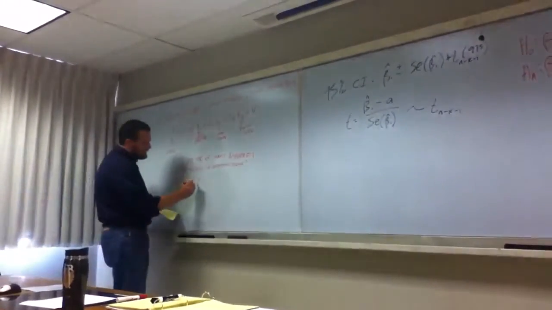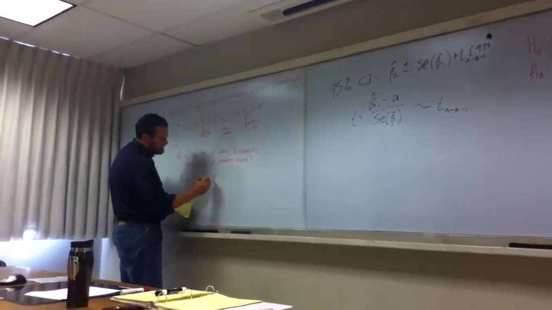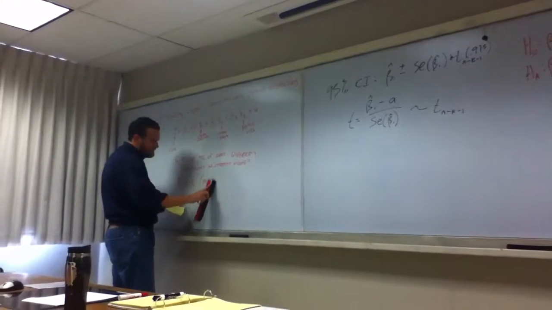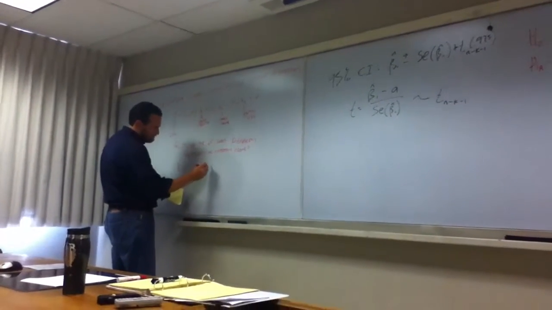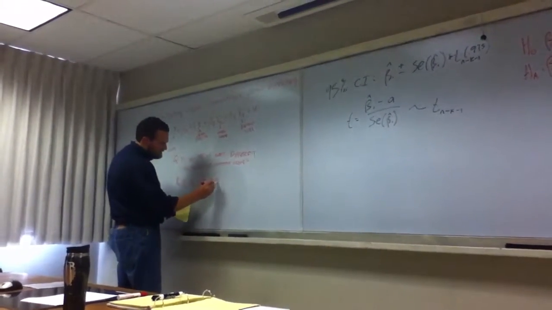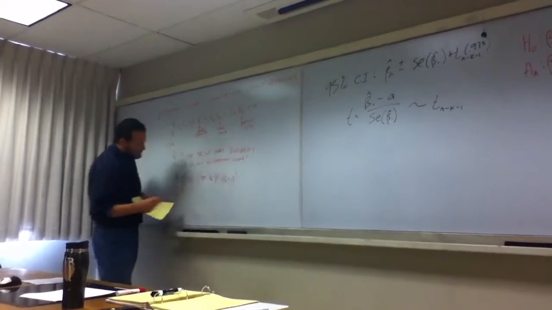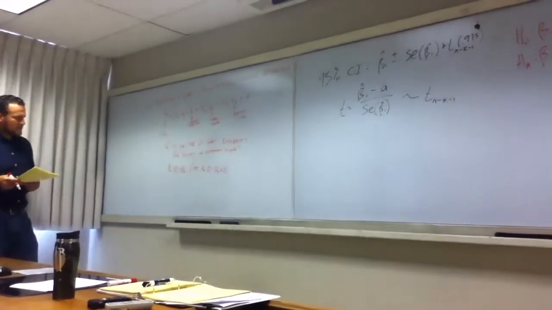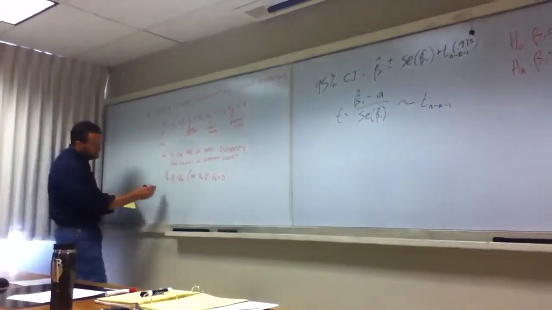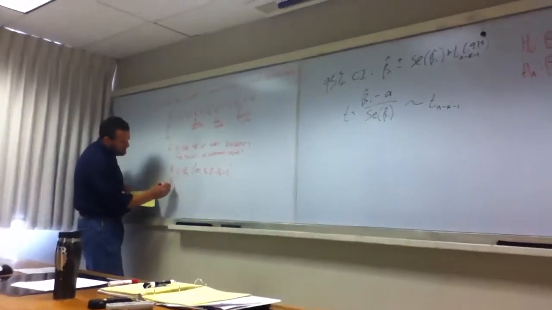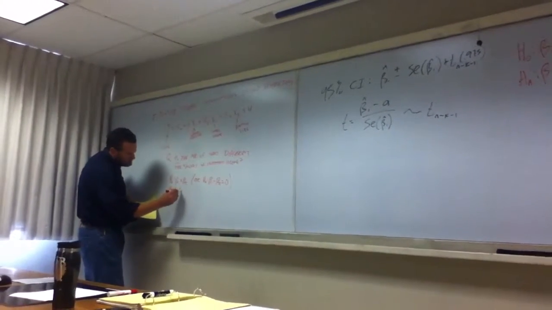Another way that you can write that, and I think it'll be more helpful to think about it this way, is beta 1 minus beta 2 equal to 0. Those two are the same thing. Whereas our alternative would be that they're not equal to one another.